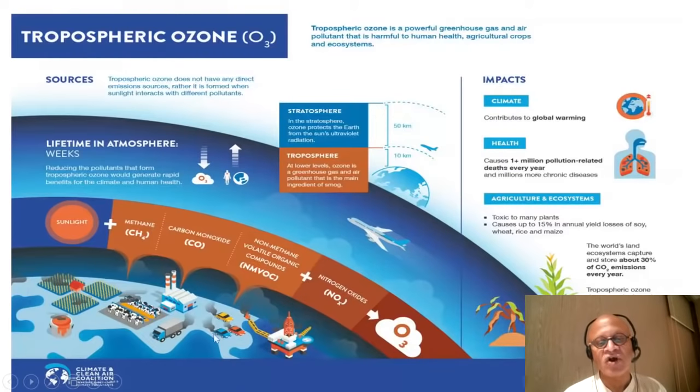Non-methane volatile organic compounds come from inefficient fossil fuel burning in transportation vehicles, and of course they also emit a lot of NOx, nitrogen oxides, which together form ozone. Okay, this is what we have to worry about in terms of its chemical fate.